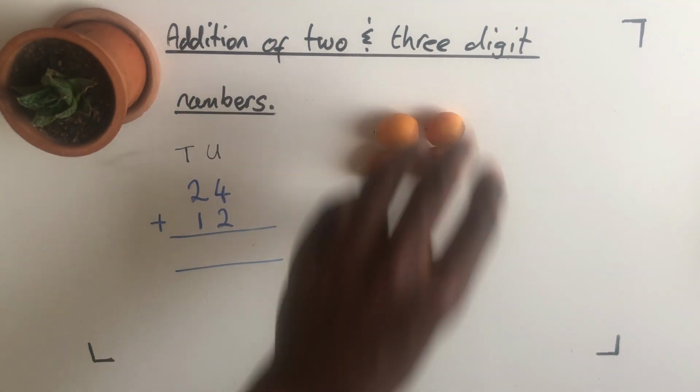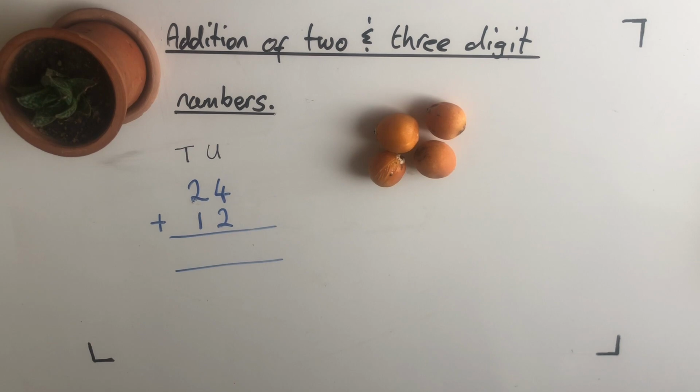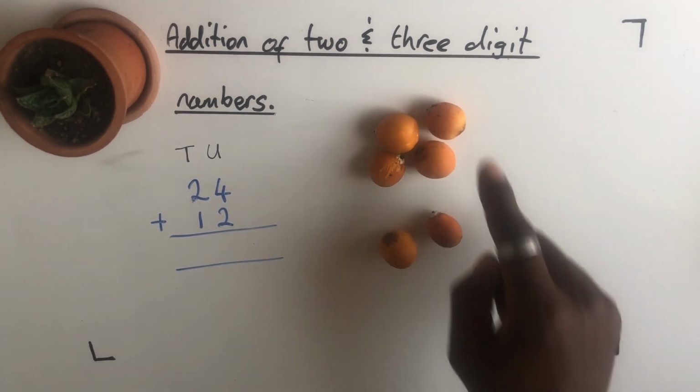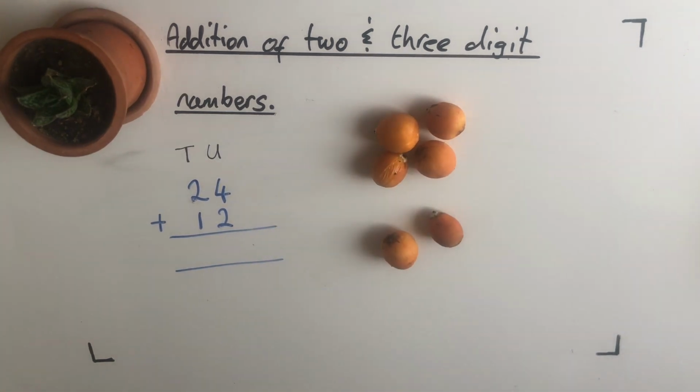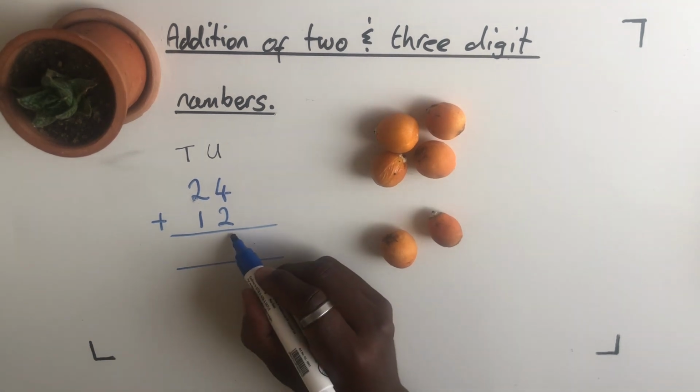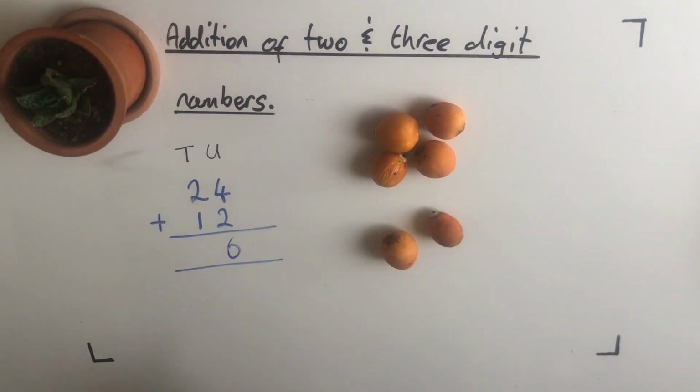So I have 4 here plus 2, that becomes 1, 2, 3, 4, 5, 6. So we put down the 6 here directly below the units column.